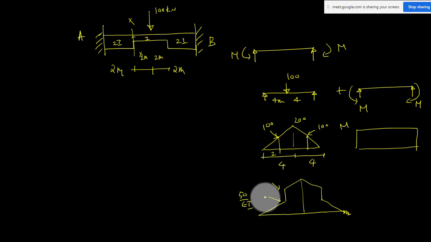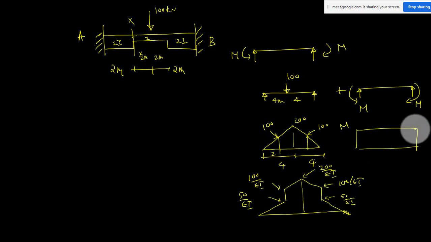This value? 100 by EI. You must have done this in the conjugate beam method, several problems by this time. This value is 200 by EI. This value is 100 by EI. This value is 50 by EI.